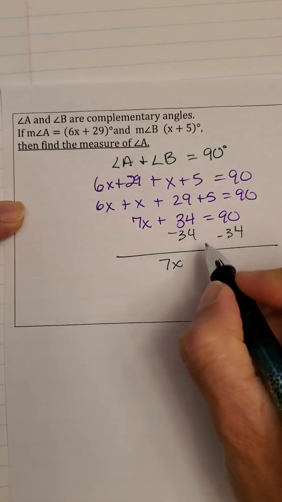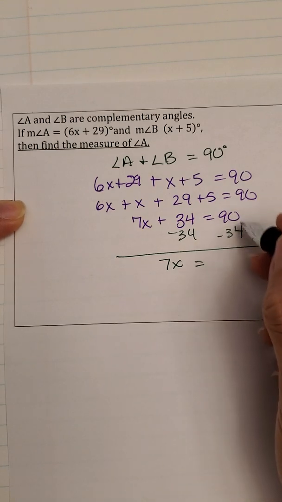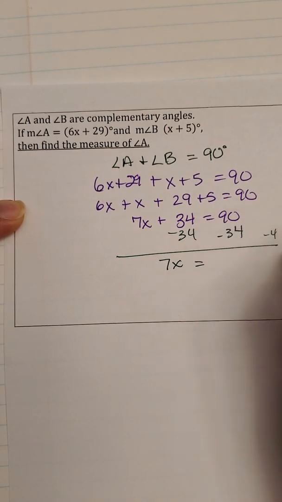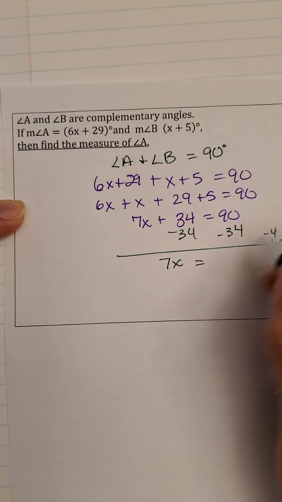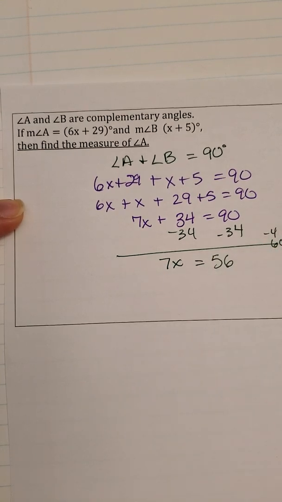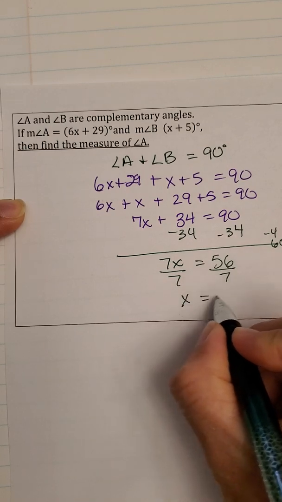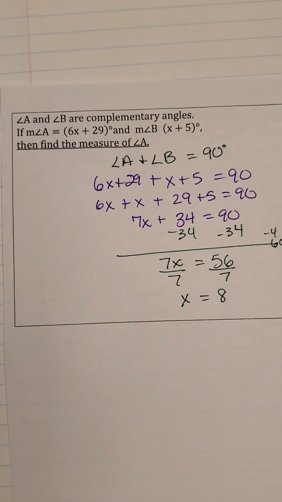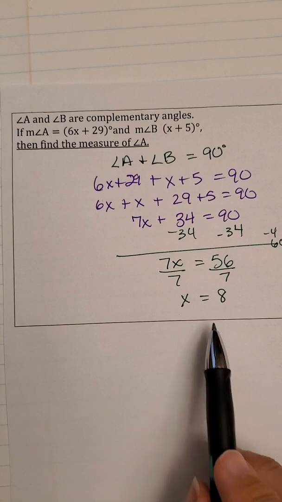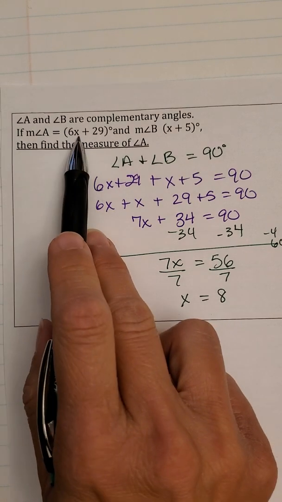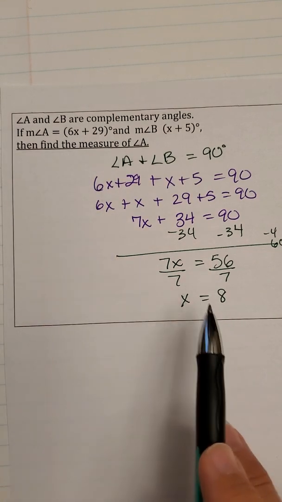So 7x equals, so 0 minus 4 is negative 4, and 90 minus 34 is 56. 56 there, and then if we divide by 7, we get x equals 8, but that's not what they asked for. So 8, back up into the formula, because x is 8.